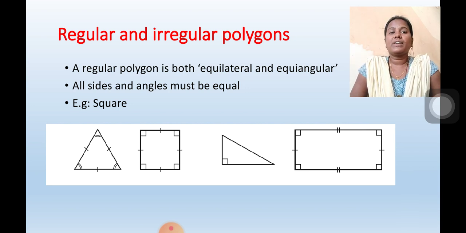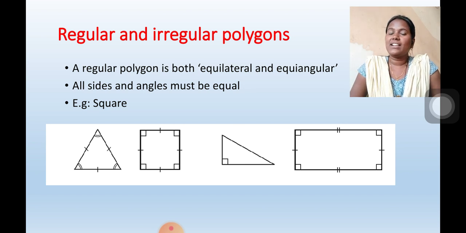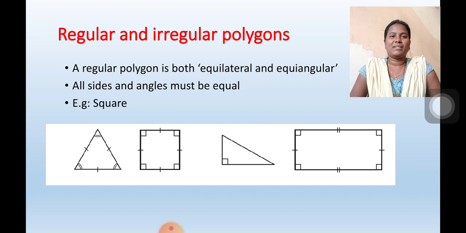And the third figure is a right angled triangle. Here, are all the angles equal? No, all the angles are not equal. And all the sides are not equal. Therefore, it is an irregular polygon. In the fourth figure, it is a rectangle.